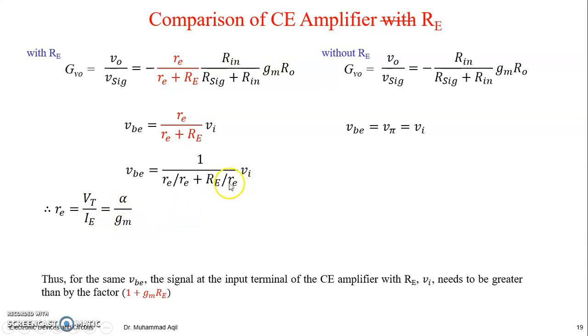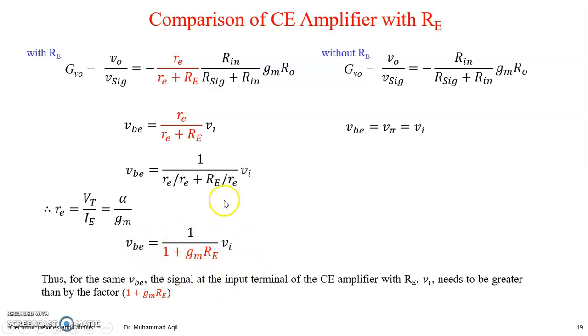So we can put RE equal to alpha by GM, so GM RE divided by alpha. This will become GM RE by alpha, and alpha is nearly equal to 0.996 or 0.99, so we can neglect it or approximate it to 1. So this is what we have achieved.